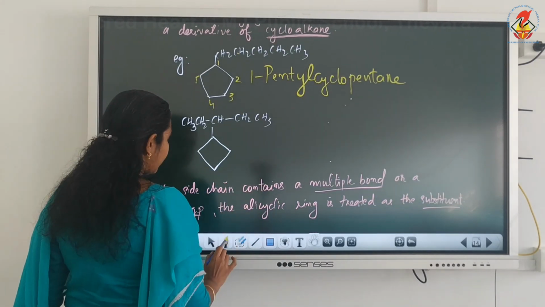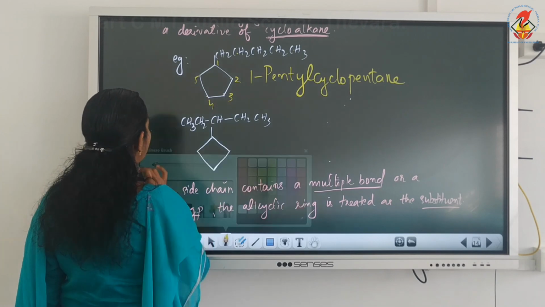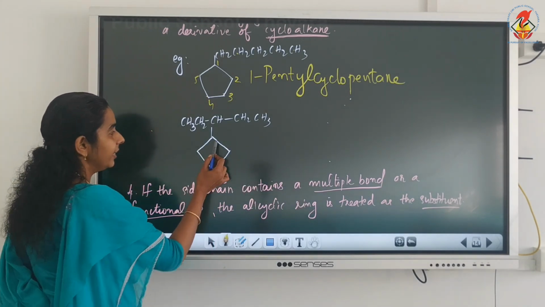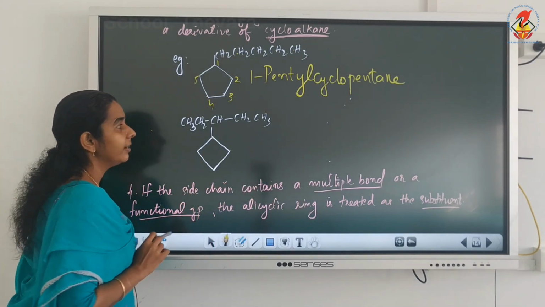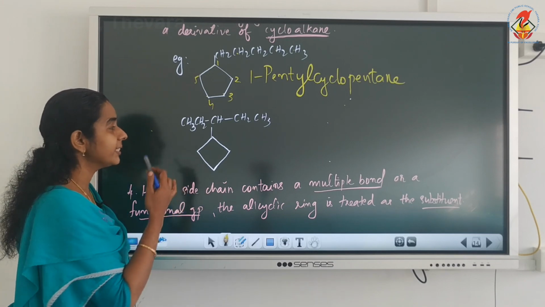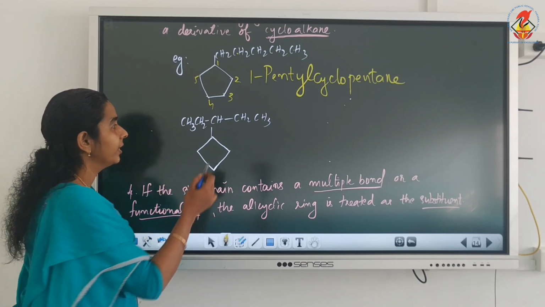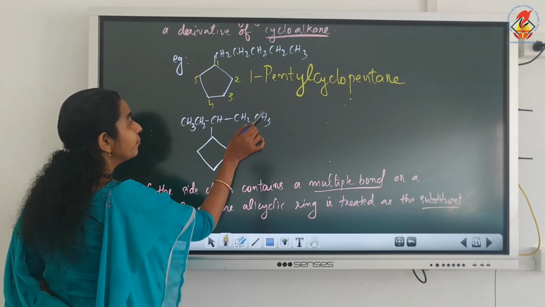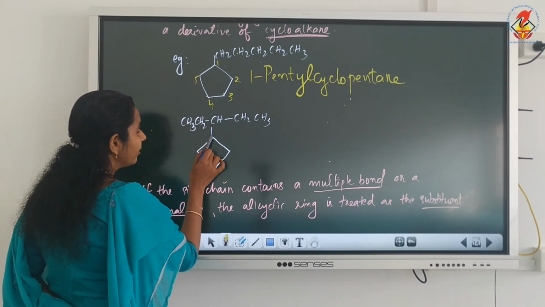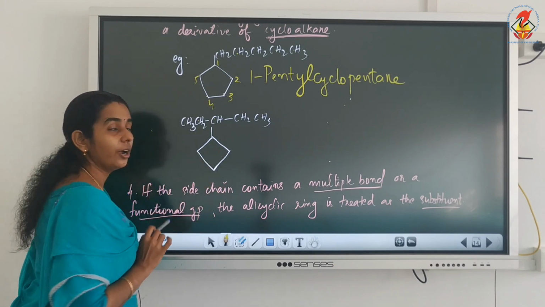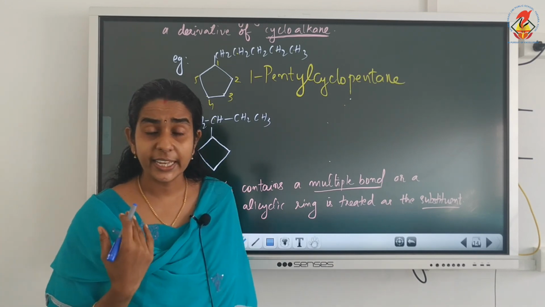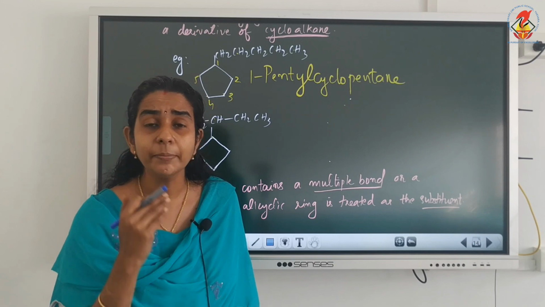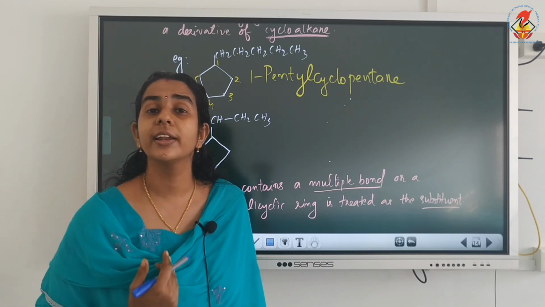Now if you look at the second example, here also we have a ring containing a branch or alkyl group. We have to see the number of carbon atoms in both. In the branch or alkyl group we have 1, 2, 3, 4, 5 carbon atoms, but in the ring we have 1, 2, 3, 4 carbon atoms. So here the cycloalkane ring has fewer carbon atoms than the alkyl group.